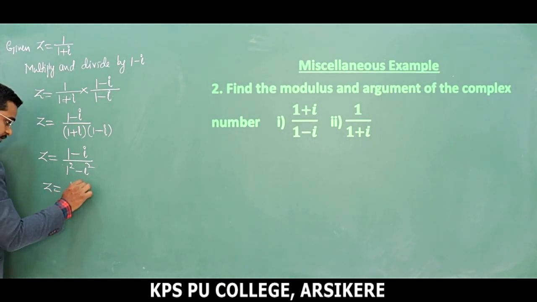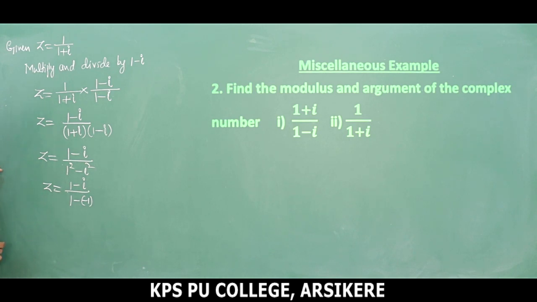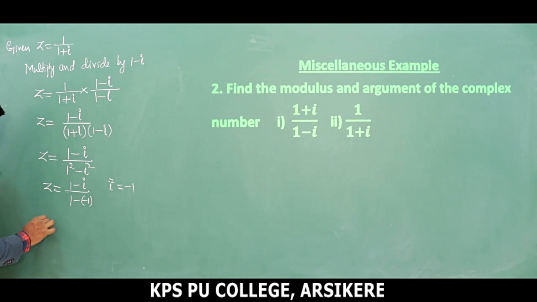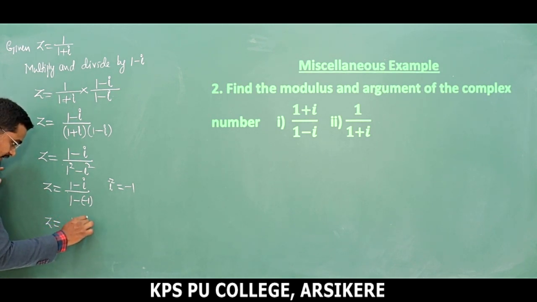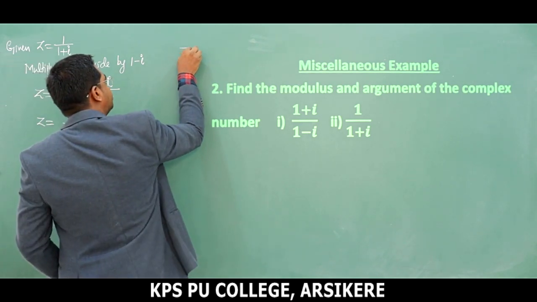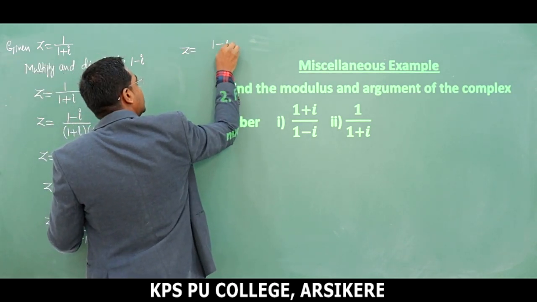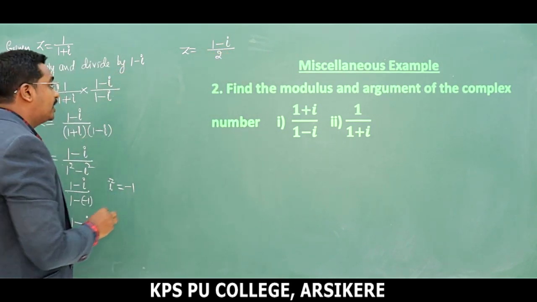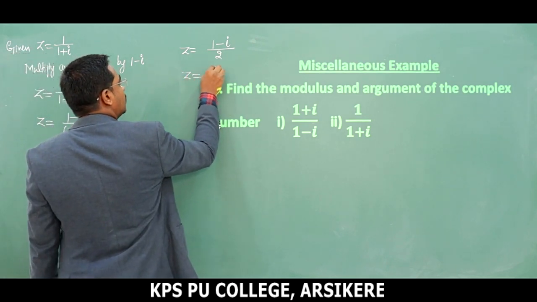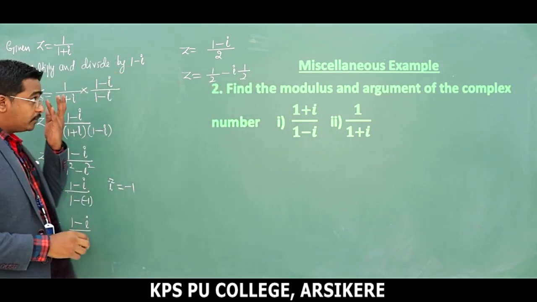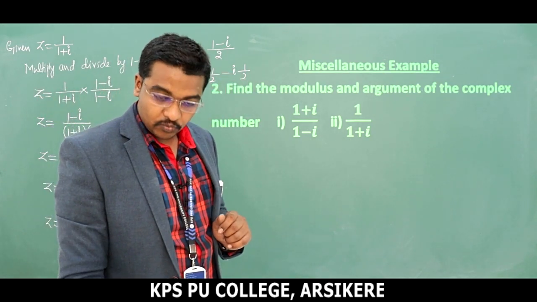z is equal to 1 minus i divided by 1 square is 1 minus of minus 1. i square value is minus 1. Therefore z reduces as 1 minus i divided by 1 plus 1, which is 2. Separate real and imaginary part. z is equal to 1 by 2 minus i times 1 divided by 2.